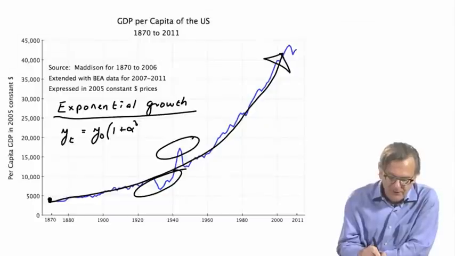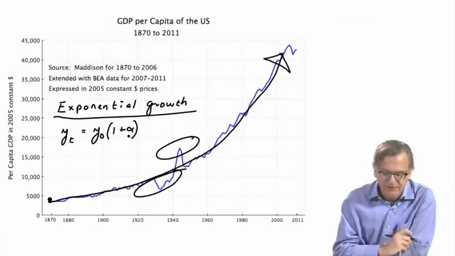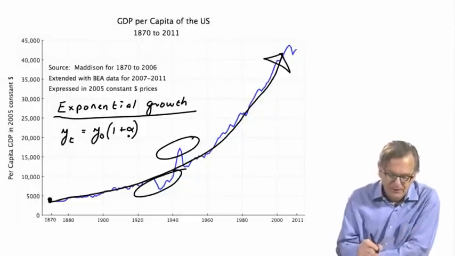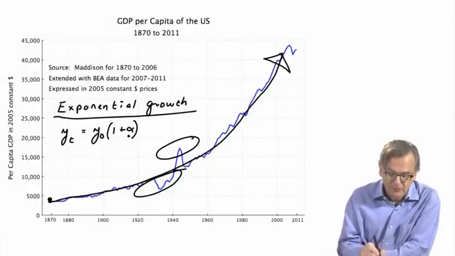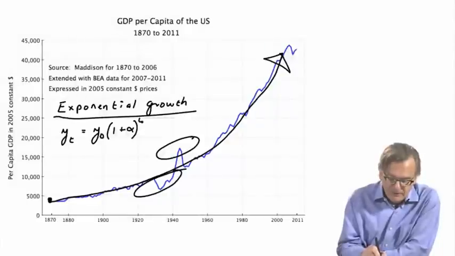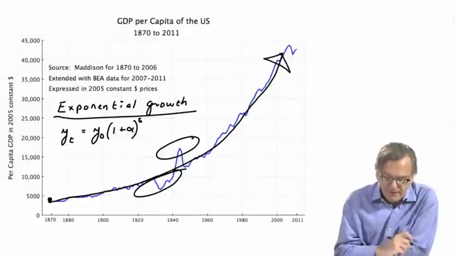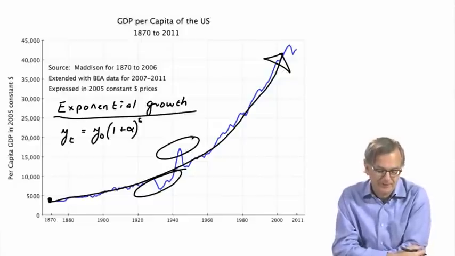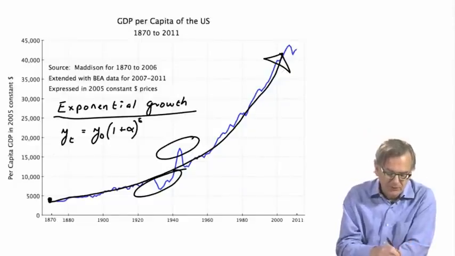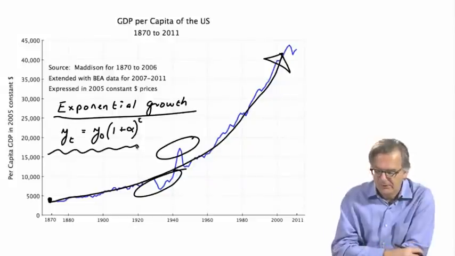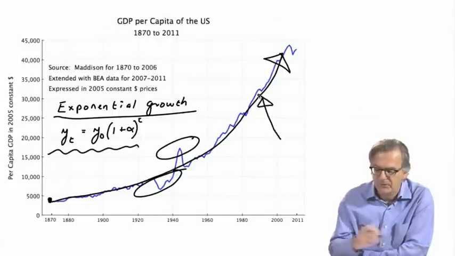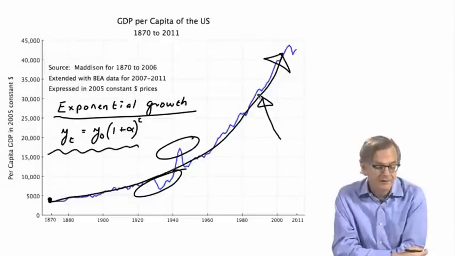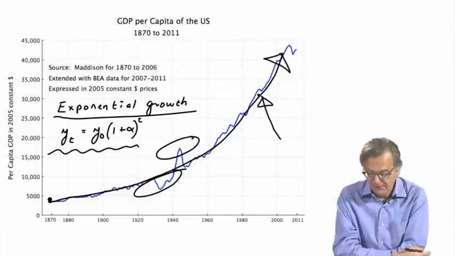Now, the characteristic of a variable that's growing exponentially is that we take that growth rate, we add to it 1, and then we raise it to the power t. So this is a little mathematical representation that corresponds to this exponential growth that we see in the long-run GDP data.